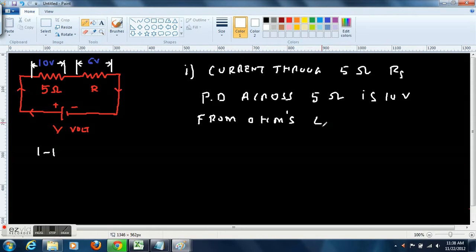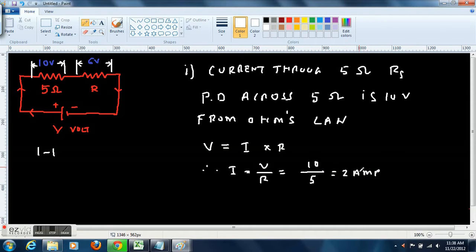From Ohm's law we can say that V equal to I multiplied by R. Now potential difference V is 10, therefore I equal to V upon R, which is 10 by 5. 10 by 5 comes to 2 ampere. That means current flowing through the 5 ohm resistance is 2 ampere.